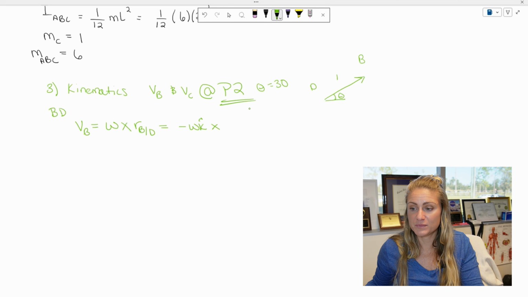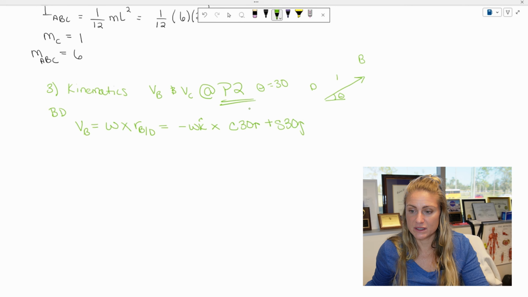So my RB is going to be 1 cosine 30 I plus 1 sine 30 J. Okay, so my VB is going to equal 0.866 omega. K cross I is positive J, but you have a negative out there, so that will be negative.